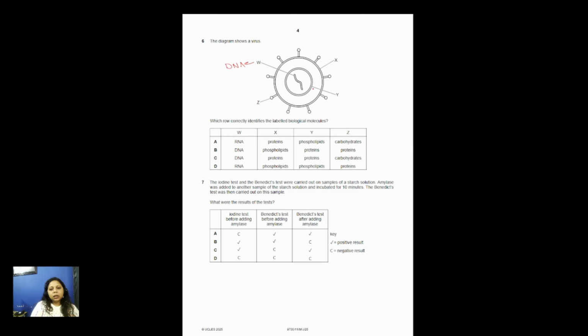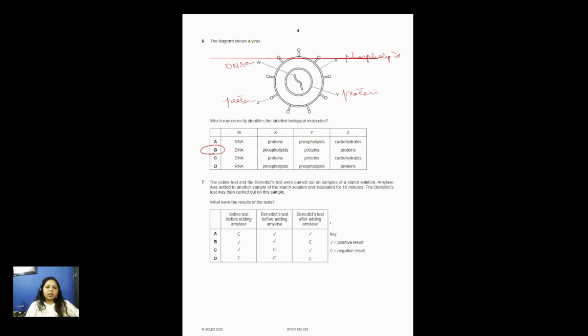Then the coat is made up of, let's say, phospholipid, this one. Then this protein coat, oh sorry, I've already told you, this is a protein coat. So we write protein, and these are the antigens or some kind of protein which can be identified by other organisms. So the correct option is B.